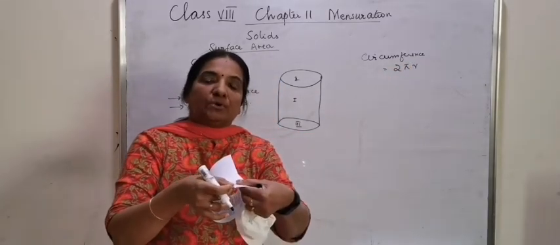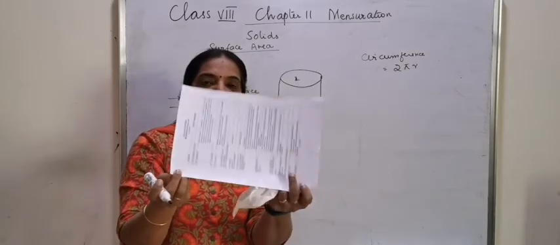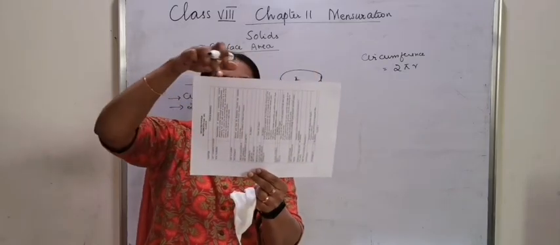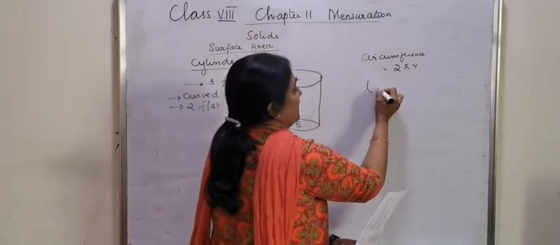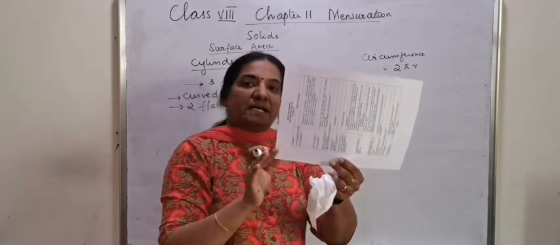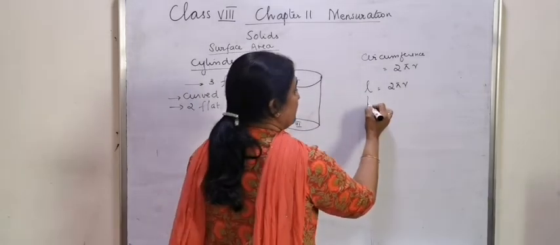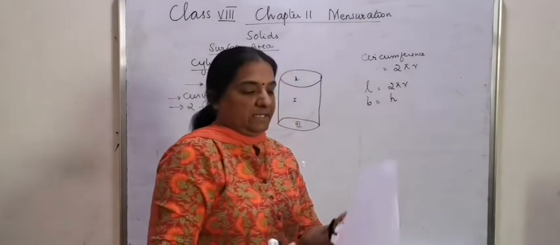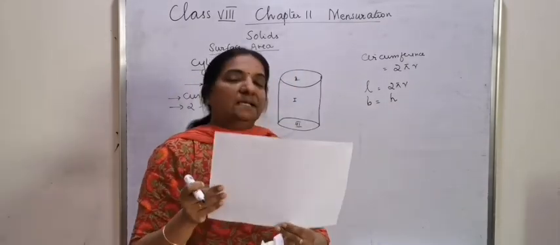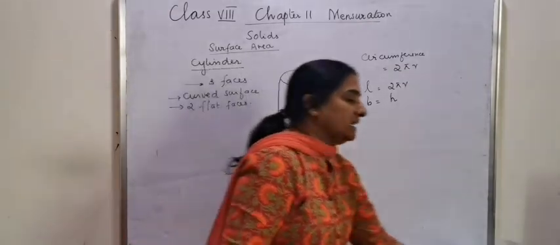When you cut open this hollow cylinder, it will take the shape of a rectangle, where the length of the rectangle will be the circumference and the breadth of the rectangle will be the height of the cylinder. If you can find the area of this rectangle, that will give you the curved surface area of the cylinder.